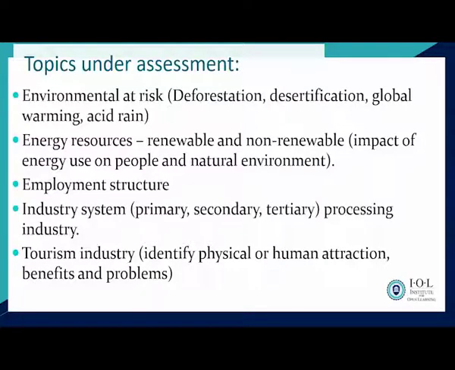Therefore, we give another name to the secondary activity or secondary industry: the manufacturing or processing industry. Why? Simply because we are turning the raw material into a useful product.